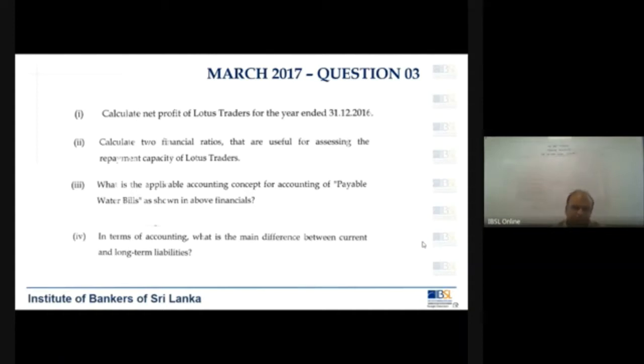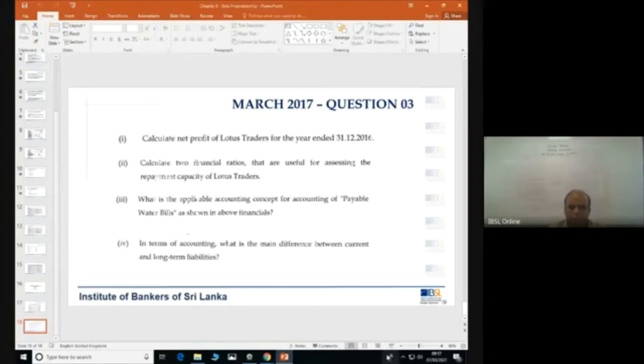This one combines financial ratios, the sole proprietorship, and the concepts that we learned. And finally, it is the standard LKAS 1, which explains long-term and current liability. So combinations of topics come into one question. You have to be very thorough with what you are learning and keep revising.